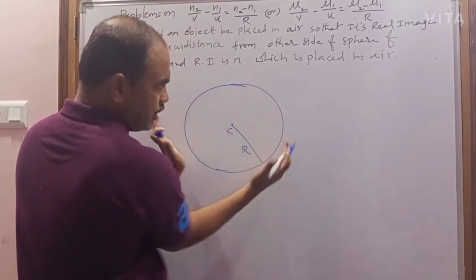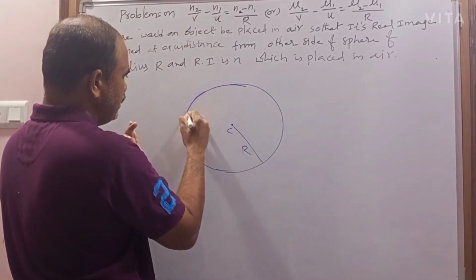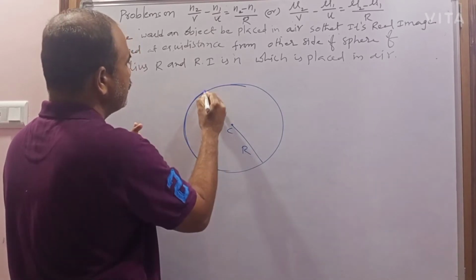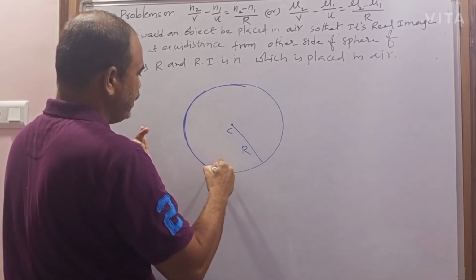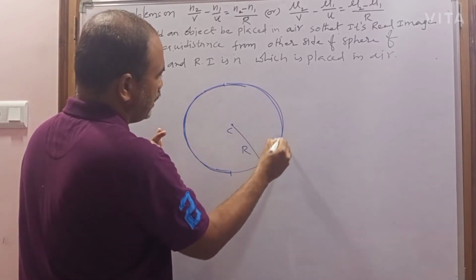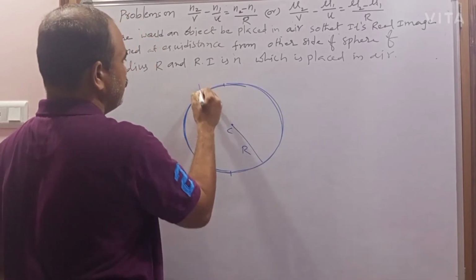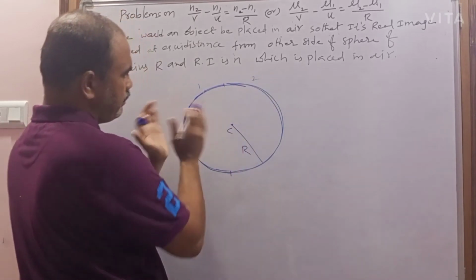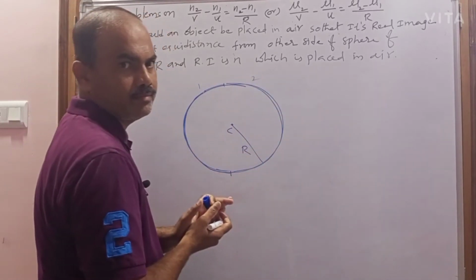Now the sphere has two surfaces. This is the first curved surface up to here, and this is the second curved surface. This is the first side, this is the second side.